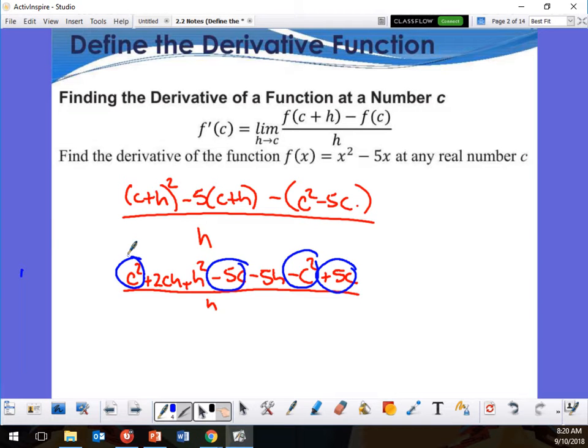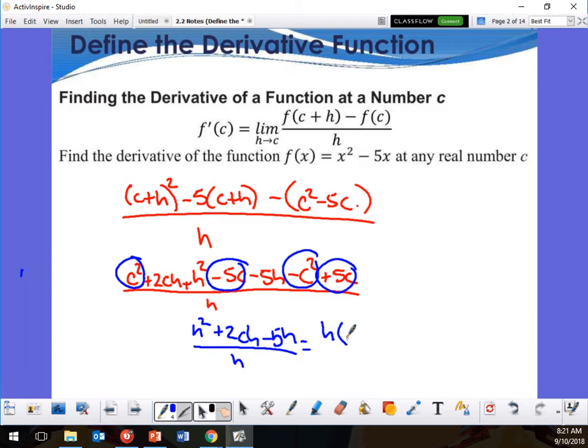So I'm left with h squared plus 2ch minus 5h, all over h. What does my top have in common? They all have a common factor of h, right? So we're going to factor that out right now.